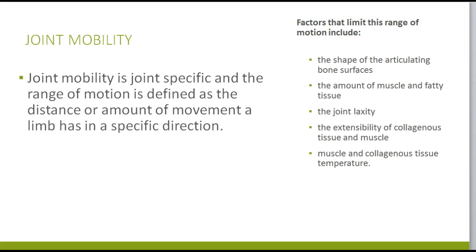If we think about bodybuilders at the gym with great big quadriceps, those really, really big quadricep muscles are going to impede their hip movement because they're not going to have the same range of movement, as they can't articulate in that way. The same goes for people who have a lot of adipose tissue, fatty tissue; they're not going to be able to move in the same way either.